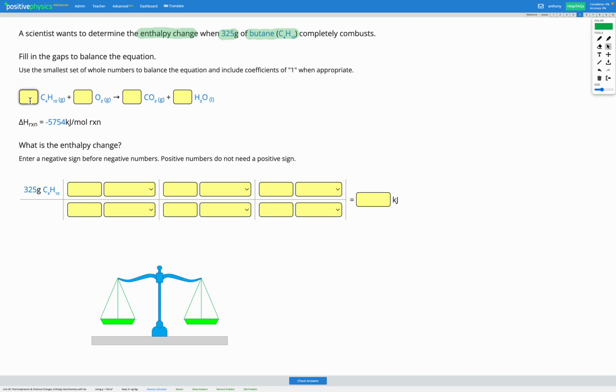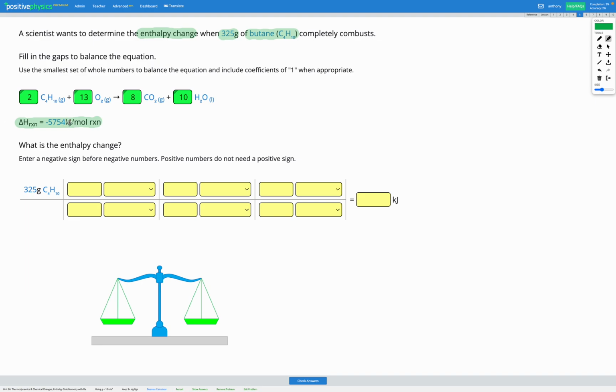To balance this equation, we're going to need coefficients of 2, 13, 8, and 10. Now from here, this is going to work exactly like a normal stoichiometry problem, apart from we also have the enthalpy change of our reaction involved. So we're given the enthalpy change of reaction here.